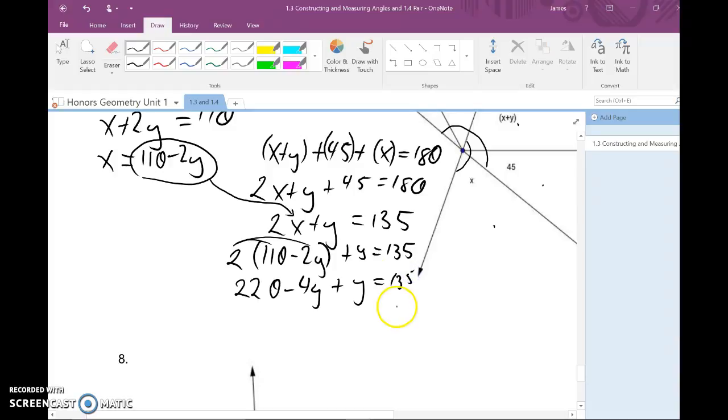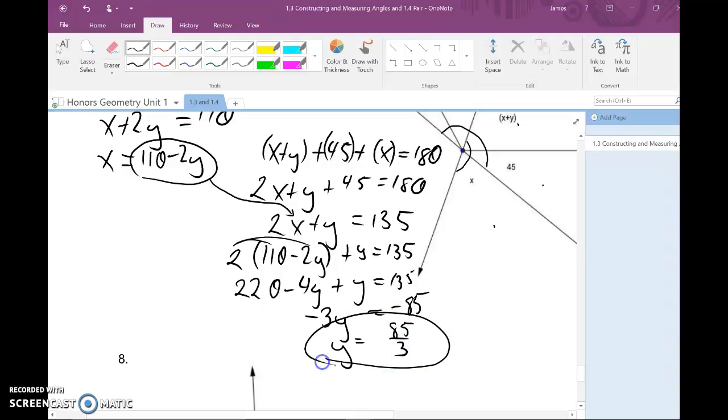Okay, so when I combine like terms here, I get negative 3y equals 135 minus 220, which is negative 85. Okay, so once I take a look at this, I can go ahead and divide both sides by negative 3, and I end up with y equals 85 over 3.